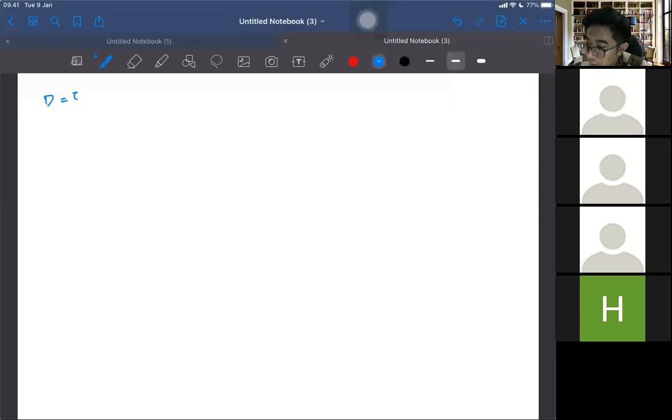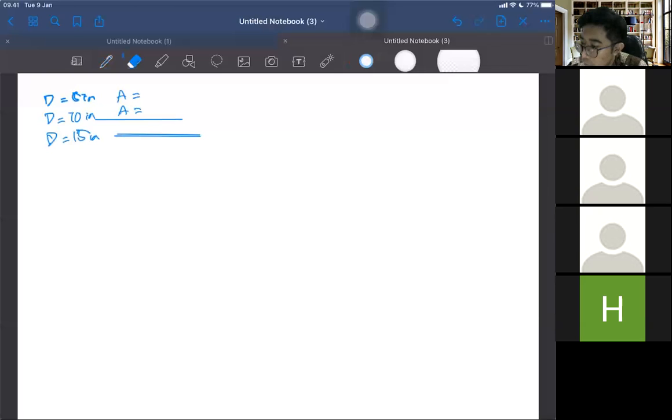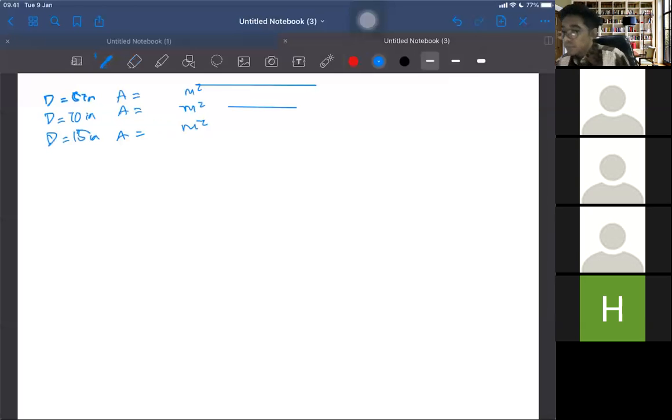So for 5 inch, what is the area? And then for 10 inch, what is the area? And for the 15 inch, what is the area? Directly in square meters.